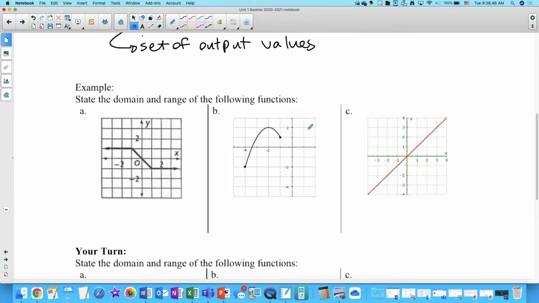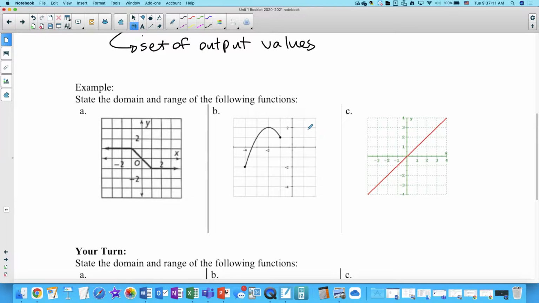So when you're looking at a graph and you're trying to determine the domain and range, there are a couple of things that you want to be aware of. The first one is arrows, because an arrow indicates that the function or relation is going to continue in that direction forever. Usually they go in both a vertical and horizontal direction.